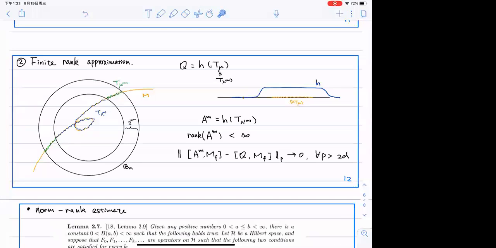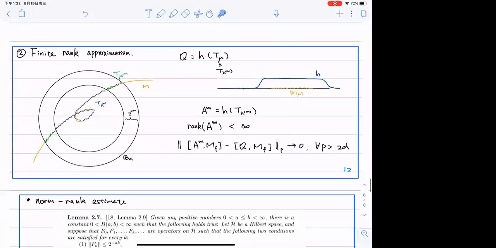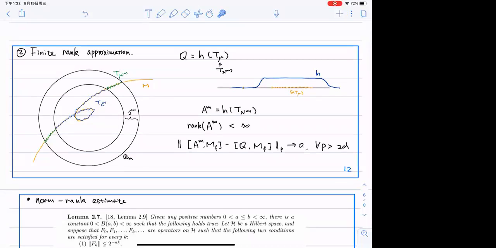This is a rough picture. This is the unit ball, and this is a smaller ball with slightly smaller radius. You have this measure mu on the variety, and this is our T lambda mu. First you replace this continuous measure mu by a discrete measure, which we can do, like an atomic decomposition on the variety.